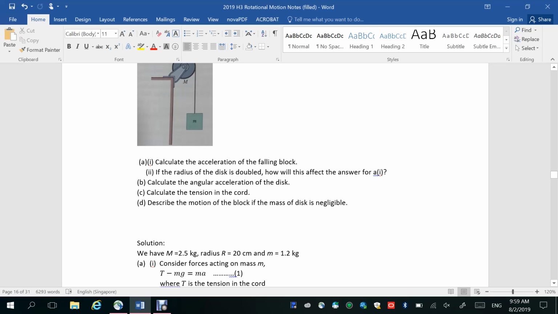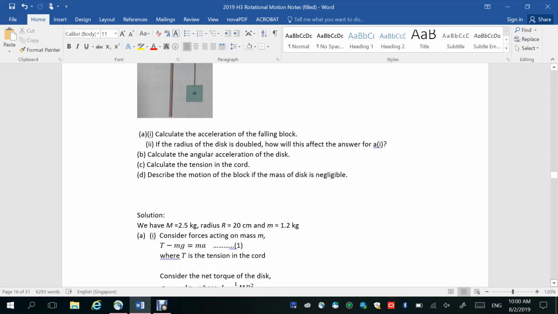If I turn towards the axle, it will be clockwise. So I'm taking T minus mg equals ma, instead of mg minus T equals ma, because I take anti-clockwise to be positive. Let T be the tension in the cord.